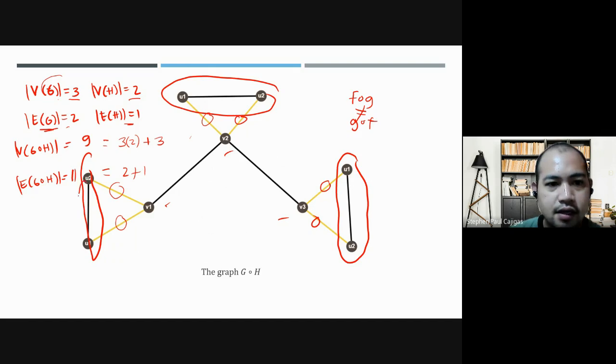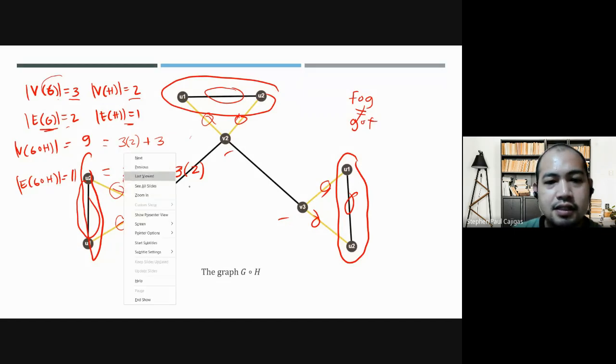So we see one, two, three. We triple the original ones from H. So, 3 times 1. Plus, we see 1, 2, 1, 2, 1, 2. Tripled again, this is 2, the original edges.